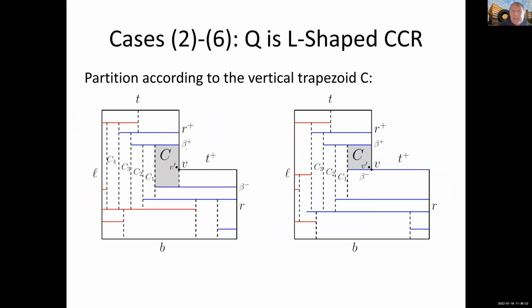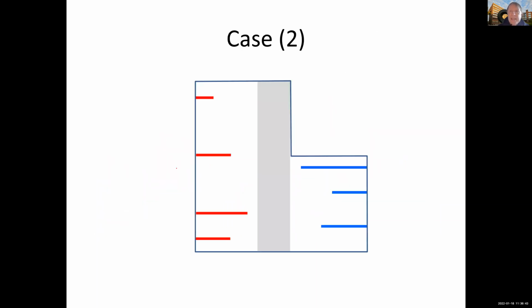In the remaining cases, I break into cases according to this rectangle shaded gray. That's the rectangle that's containing the shifted point, this reflex corner of the CCR, in a vertical decomposition of the red and blue segments within the CCR. And if that gray rectangle touches the top and the bottom, then it's very easy, 1 cut and you're done.